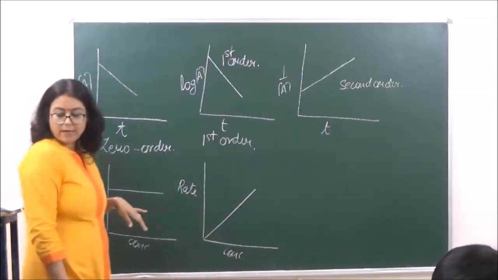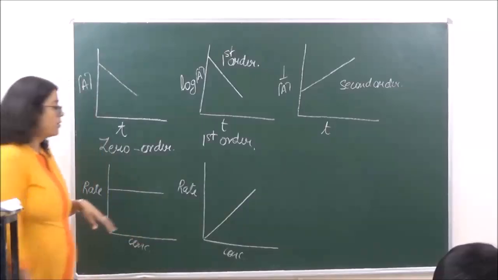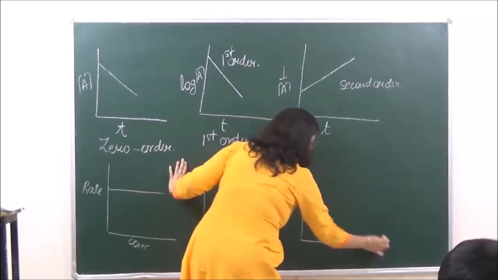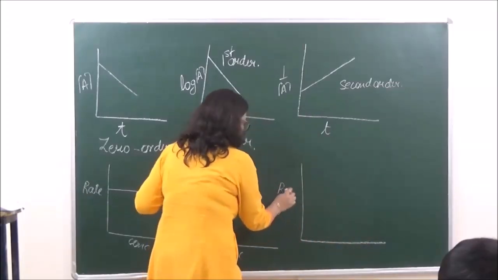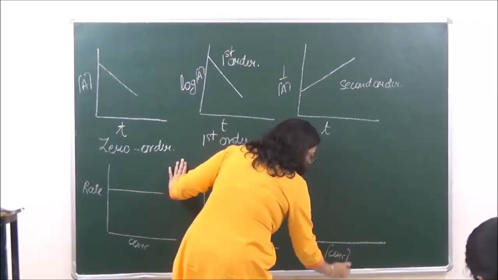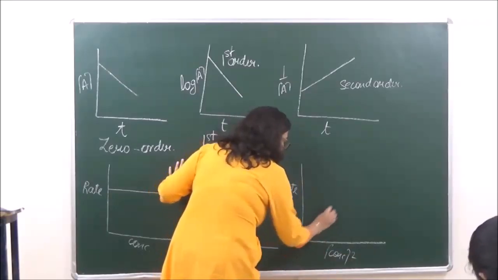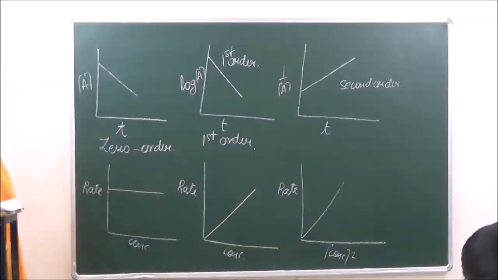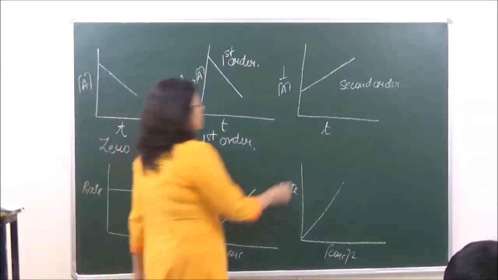And if we are taking the rate and square of concentration, and the graph comes like this, then this is for second order.